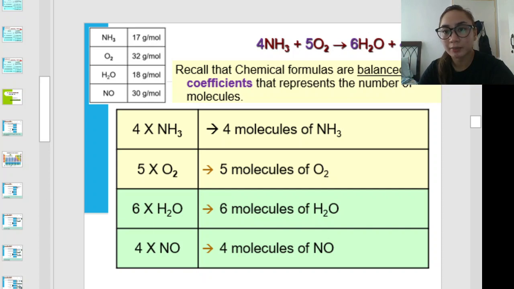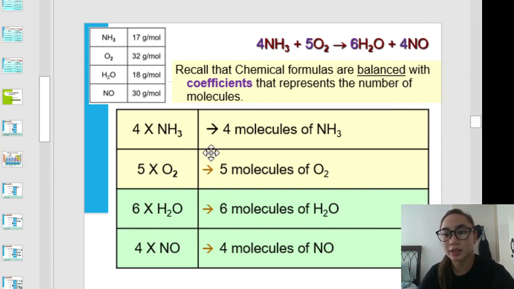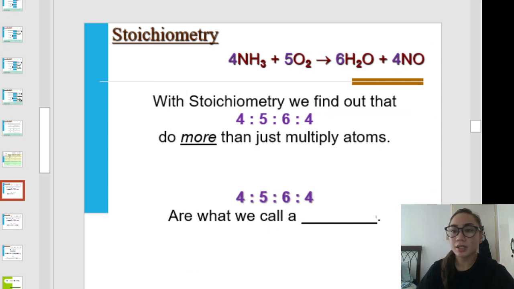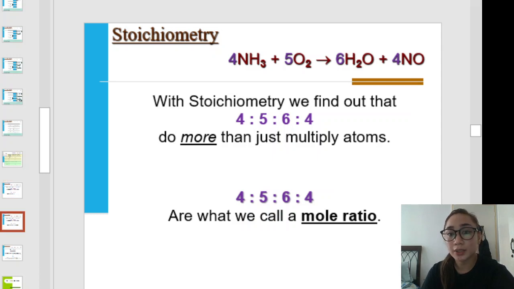So, sorry, natatakpan pala ng video ko. So, there. Okay. So, in stoichiometry, we found out that ang coefficients natin, yung purple, is 4:5:6:4. So, it does more than just multiplying the atoms. We all know that 4:5:6:4, we can also call this as the mole ratio.